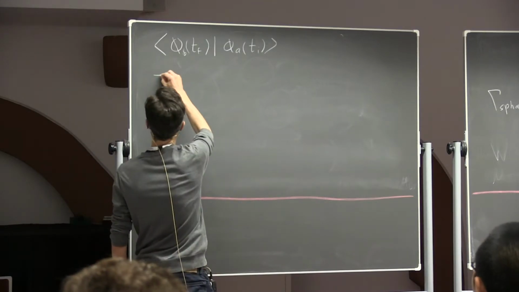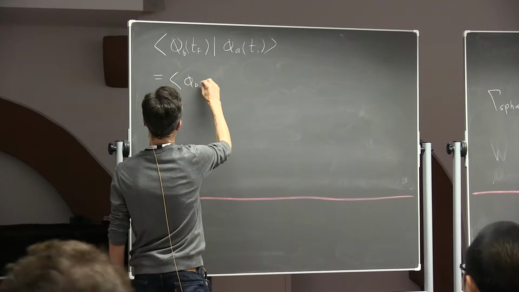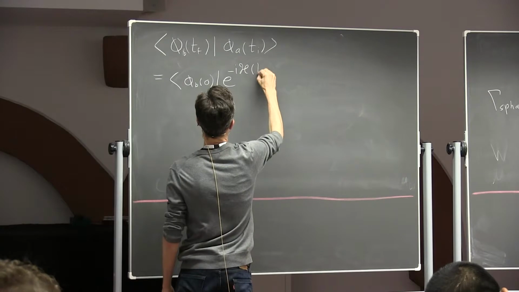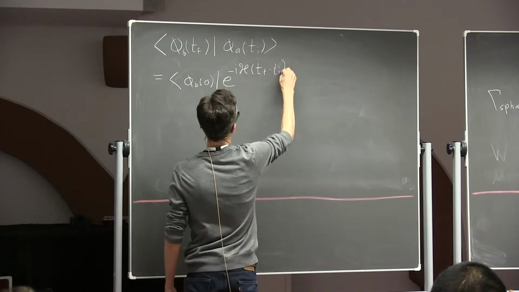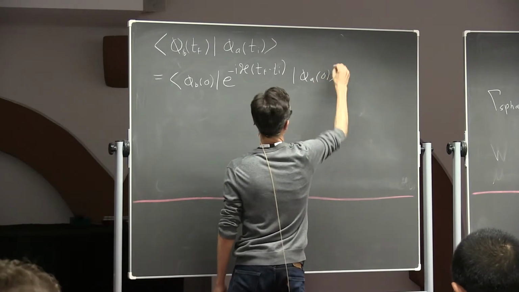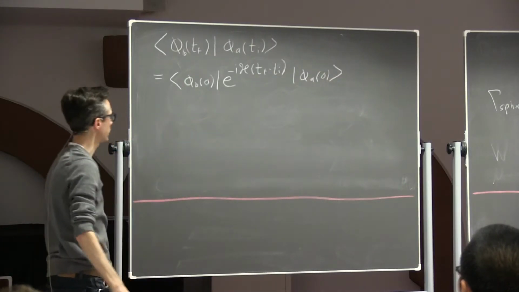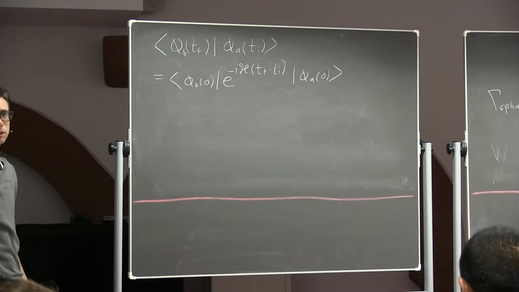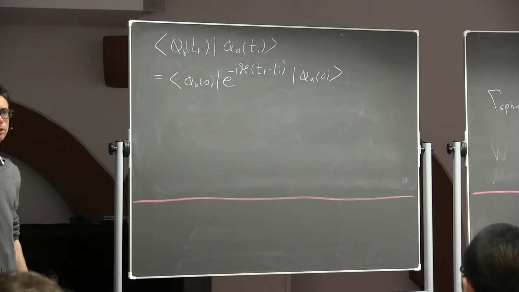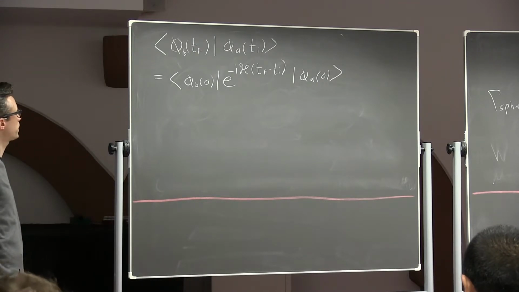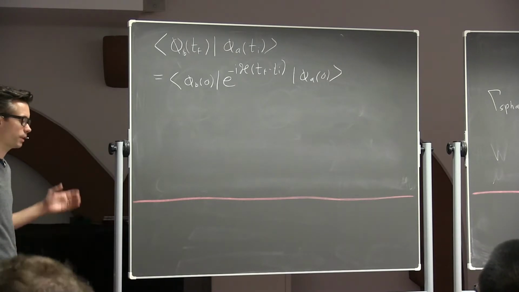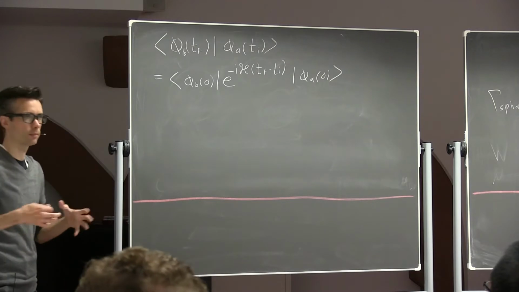The basic result that everybody should be familiar with is that this just corresponds to e to the minus Hamiltonian times (Tf minus Ti) acting on phi A. So my time evolution is given by the Hamiltonian in the usual way. In the path integral formulation, you stick in a bunch of intermediate states, in this case phi and conjugate momentum states, sum them up, and take a limit to infinity.